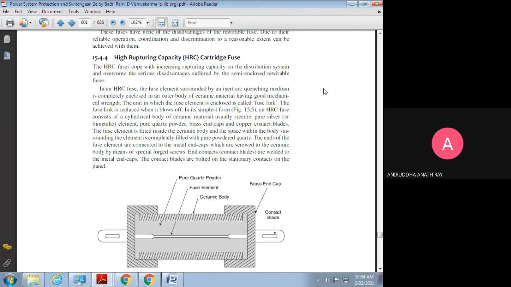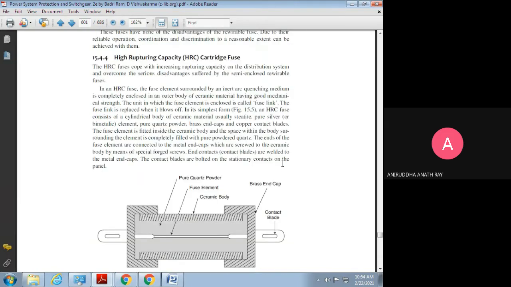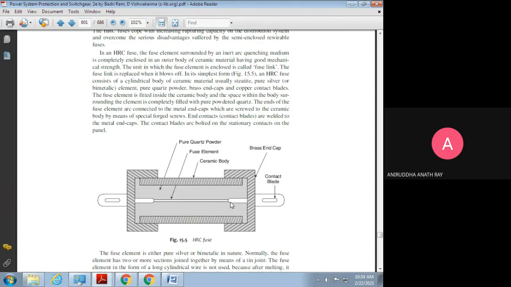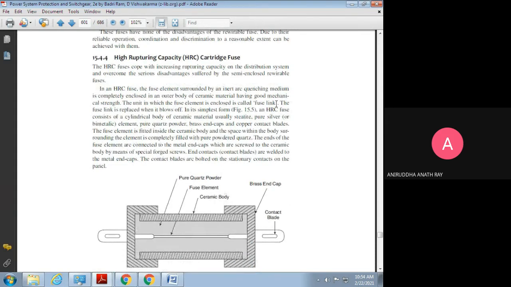Okay, I can show you this diagram of the HRC fuse. In an HRC fuse, the fuse element is surrounded by the inert arc quenching medium, which you can see over here, and completely enclosed in the outer body of ceramic material.